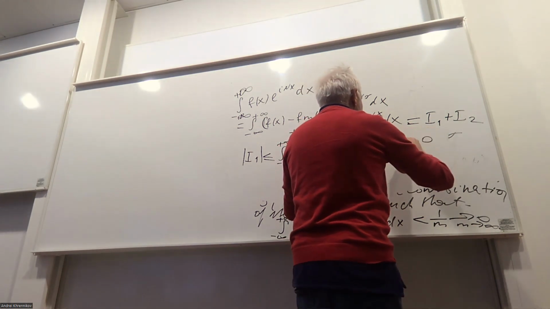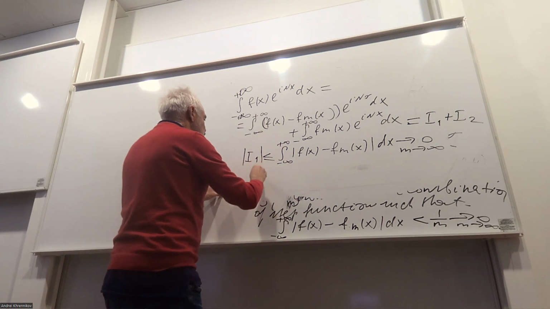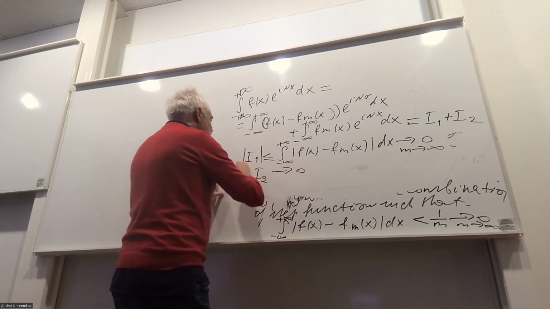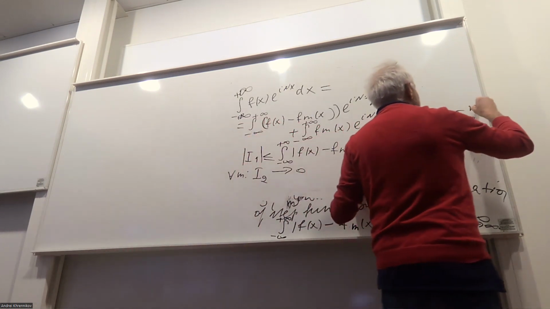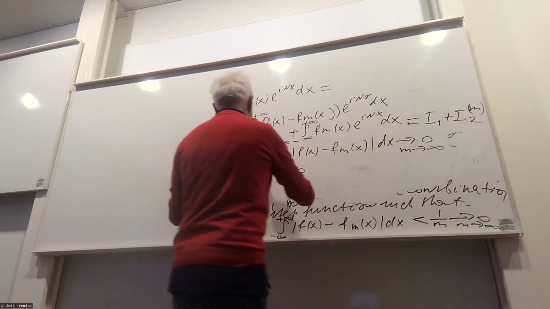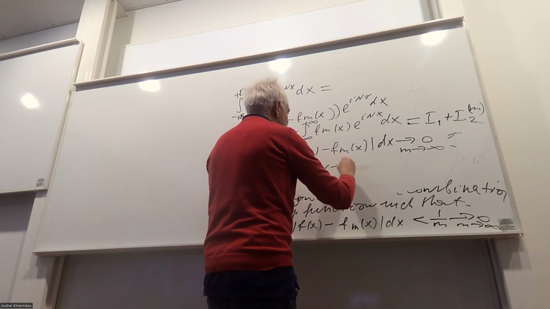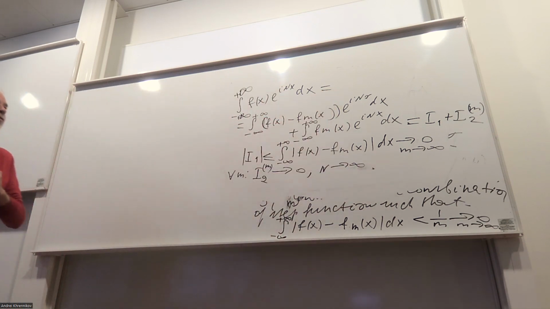This goes to 0 as m goes to infinity. And the second integral, E2, goes to 0 for any m as n goes to infinity; of course, it depends on m. So both integrals go to 0, and these things really go to 0.